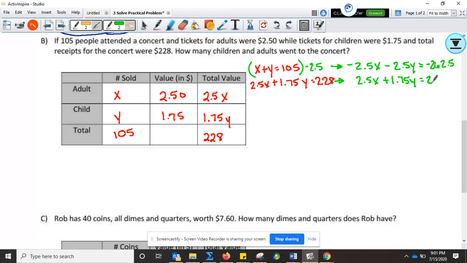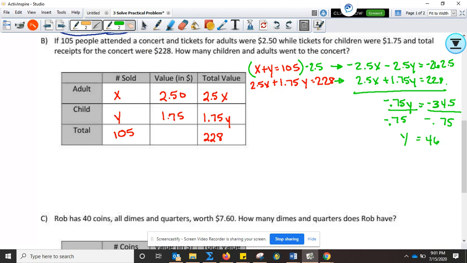2.5X plus 1.75Y equals 228. I'm going to add each column, and when I do that, I'm going to get negative 0.75Y equals negative 34.5. And I'm going to divide both sides by negative 0.75, and I'm going to get Y is equal to 46.